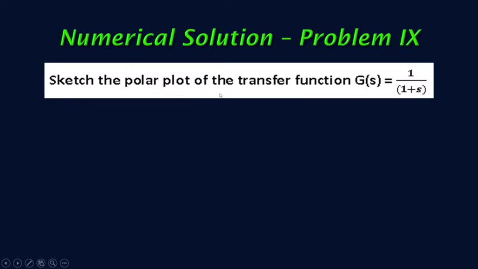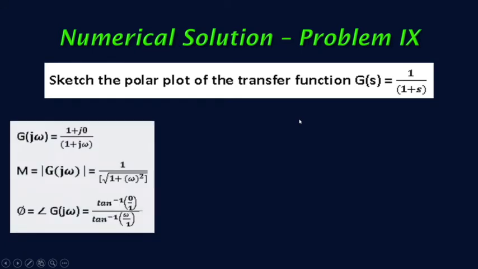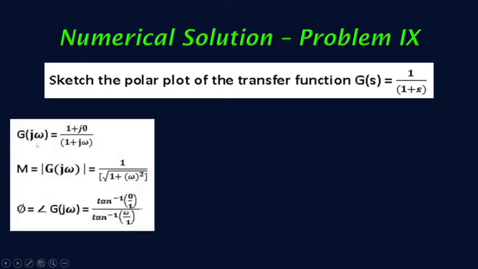Sketch the polar plot of the transfer function G(s) equal to 1 by 1 plus s. Put s equal to j omega, then we get 1 plus j0 divided by 1 plus j omega. Taking magnitude, mod of this is 1 by root over 1 plus omega square.